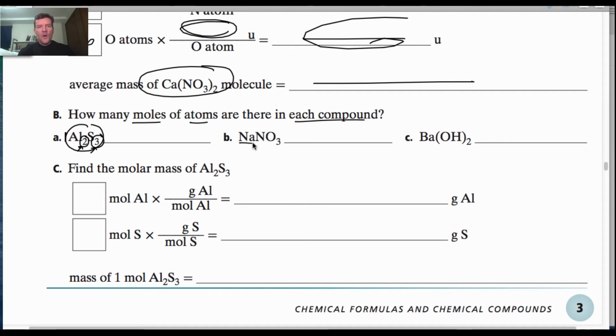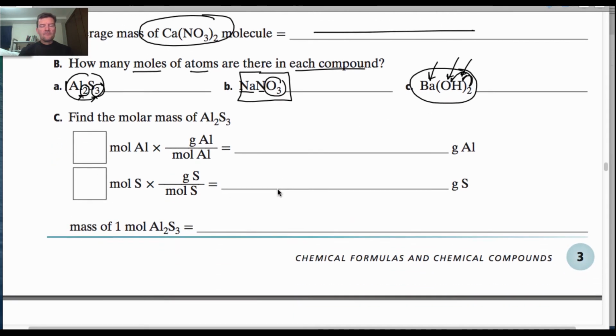Here I have 1 sodium, 1 nitrogen, 3 oxygen in a single compound. Or if I'm talking moles, let's talk about moles on this one. If I have a mole of this compound, I've got 1 mole of barium, I've got 2 moles of oxygen, and 2 moles of hydrogen.